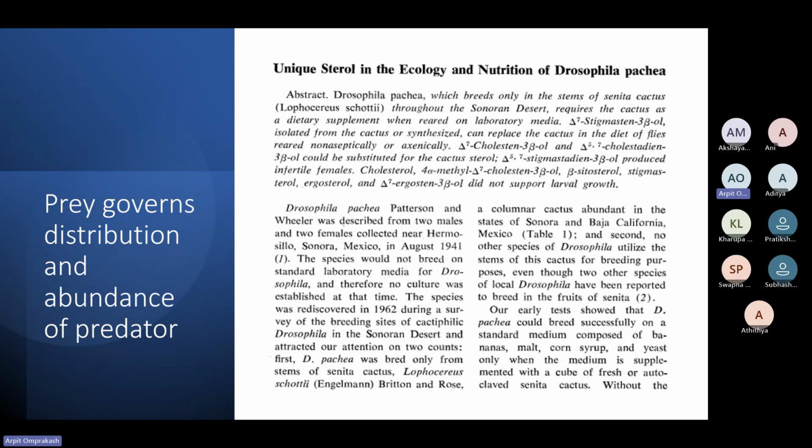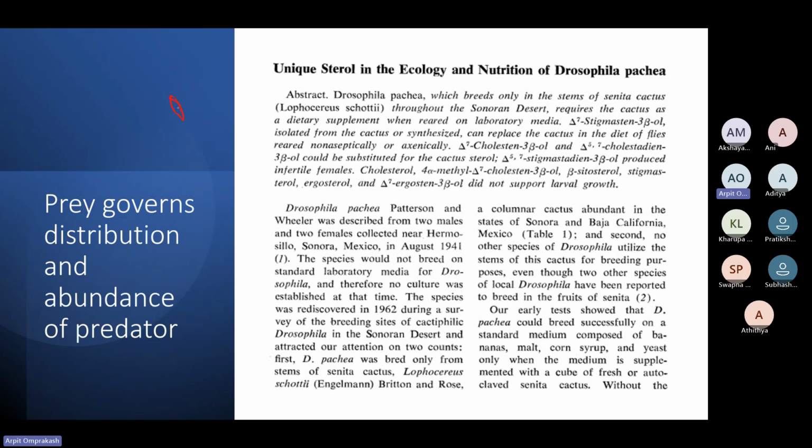Here, what we see is that a species of Drosophila, Drosophila fascia, is able to grow in the presence of a certain cactus, but not in its absence, because the cactus is needed for its reproduction. Some metabolic compound that is present there is needed for the fly, but other species of flies are not able to grow wherever this cactus is present.